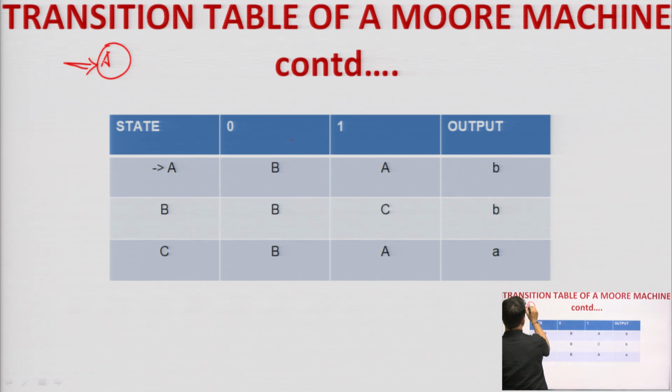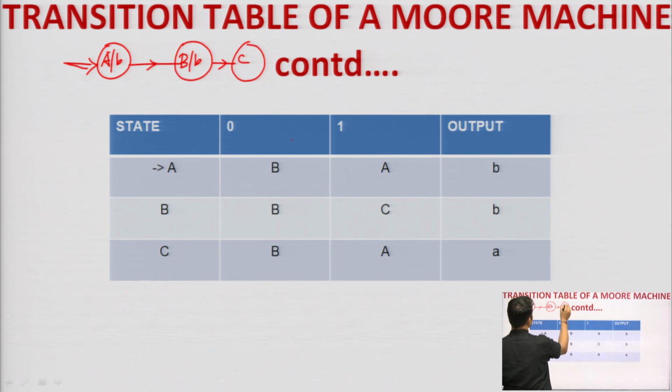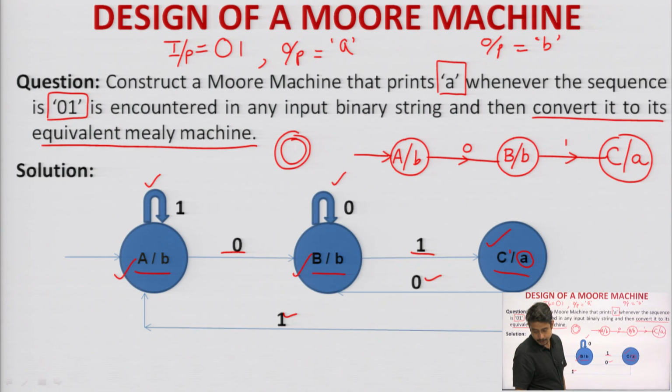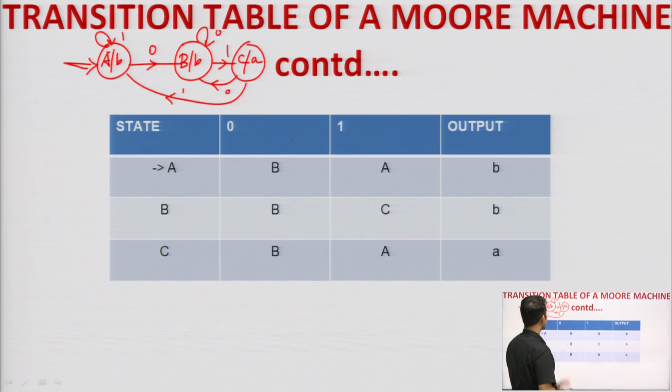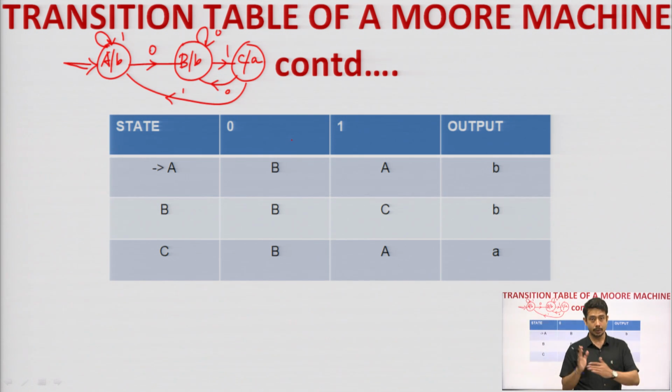Here we are having A, then B, and then here we are having C, and this one was producing A. Whenever the input sequence is 0 1, it produces A. Now, can I take a self loop of 1? Yes, I can take it. And 0, I can take it. From here it was a 0 and from here it was a 1. I think this is the diagram which was given in the previous slide.